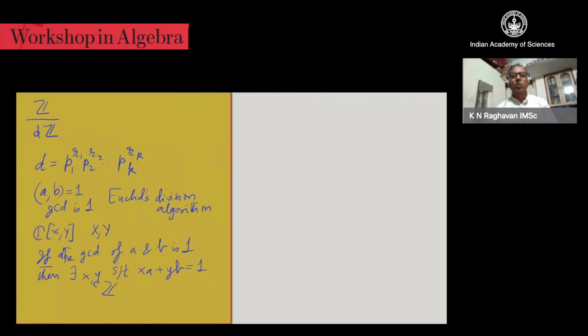So what we get is that this is isomorphic to Z mod P1 R1 Z cross, like this, Z mod PK RK Z. Now, this is how we will use the Chinese remainder theorem.